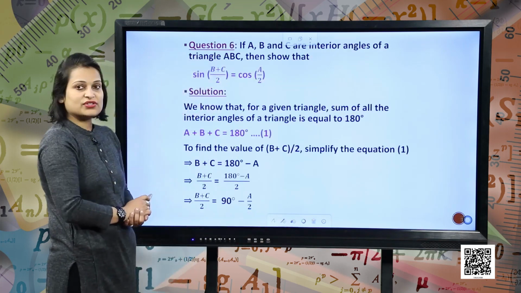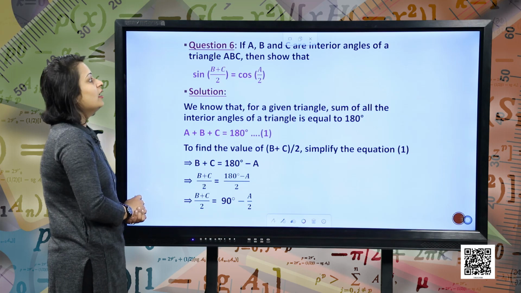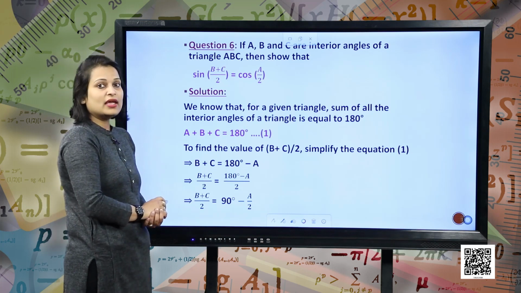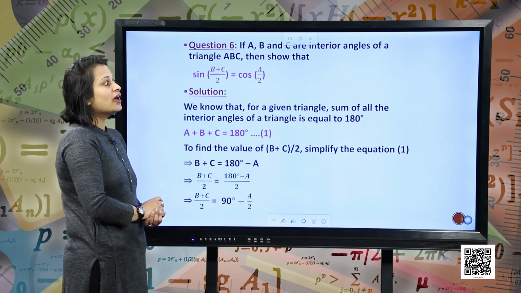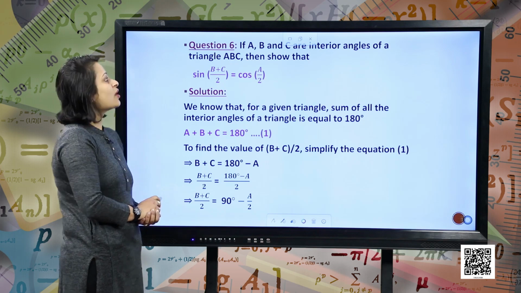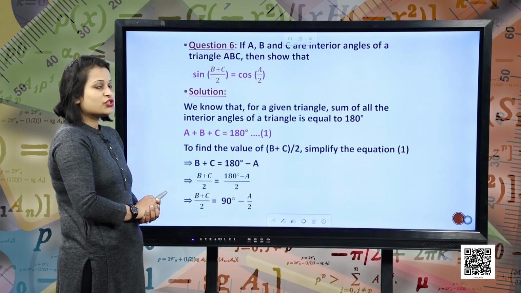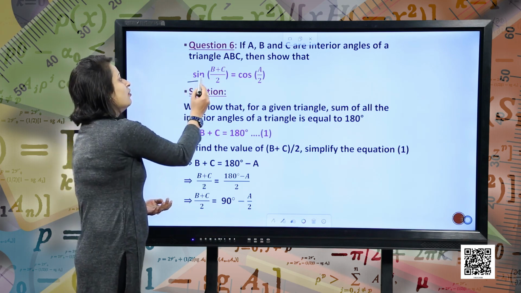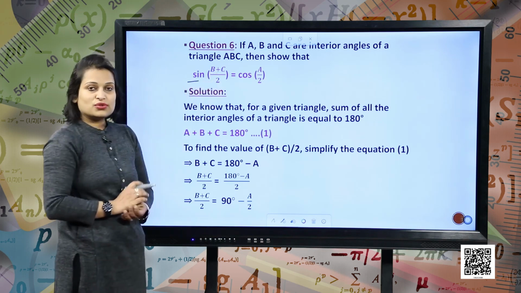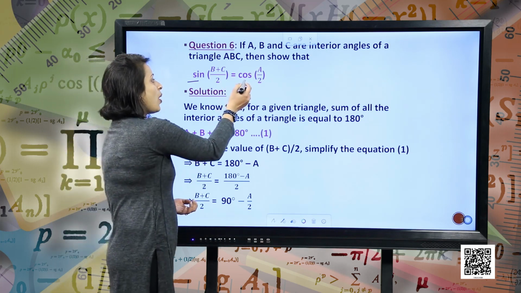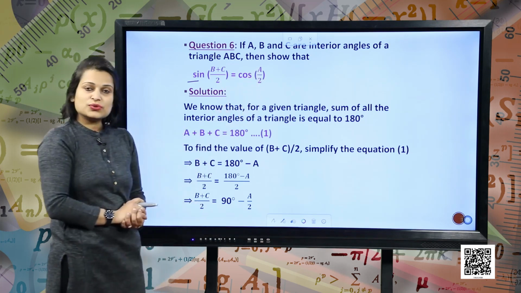Now next question, question number 6. If A, B and C are interior angles of a triangle ABC, then show that sine of B plus C by 2 is equal to cos A by 2.